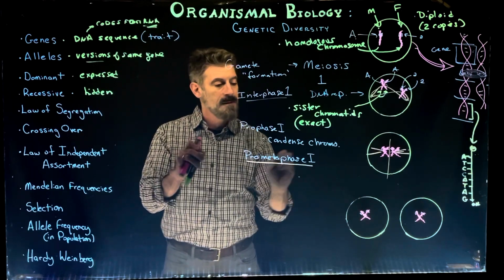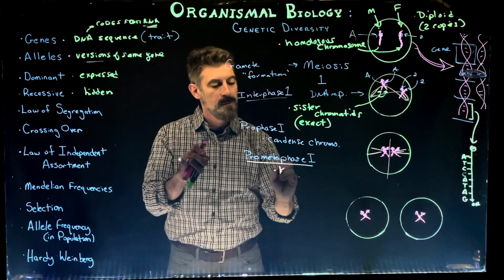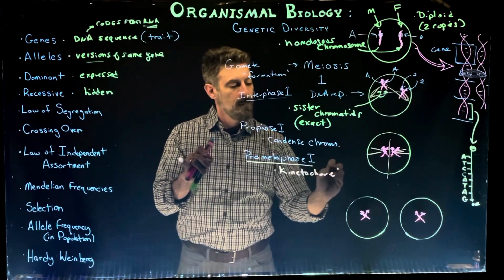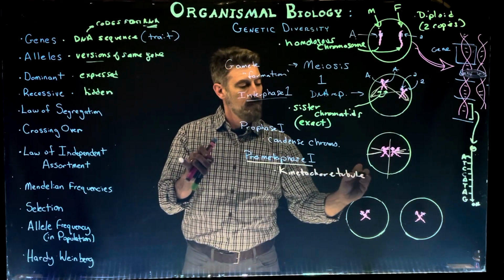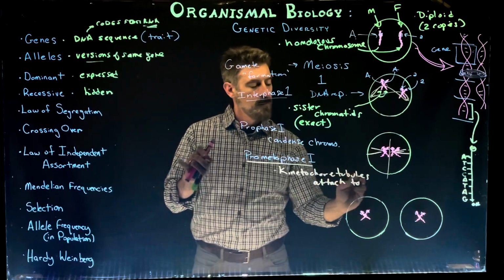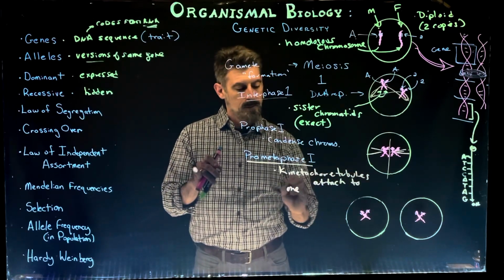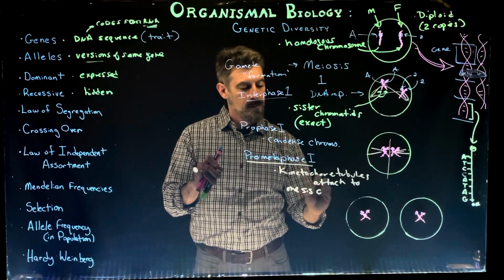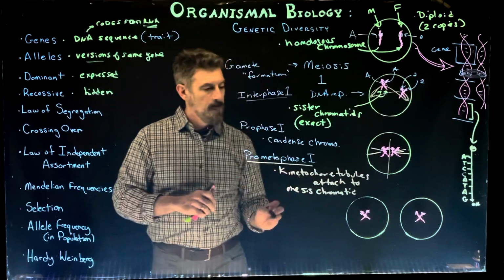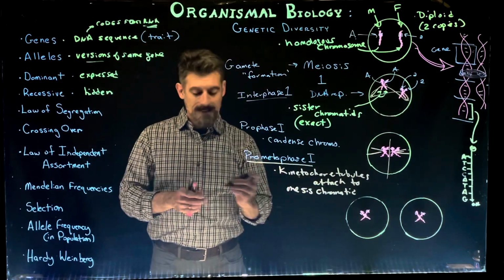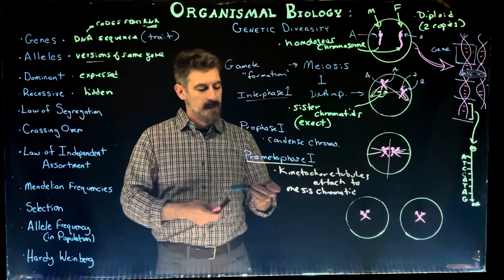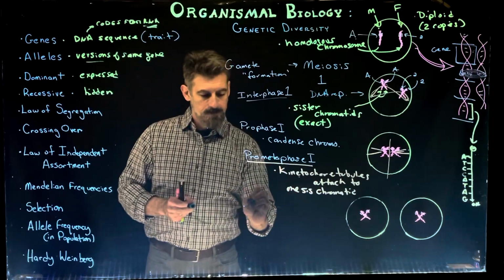So kinetochore tubules attach to one sister chromatid, not both of them, and then they start to pull on them, and that pulling is what lines them up and then creates metaphase 1.